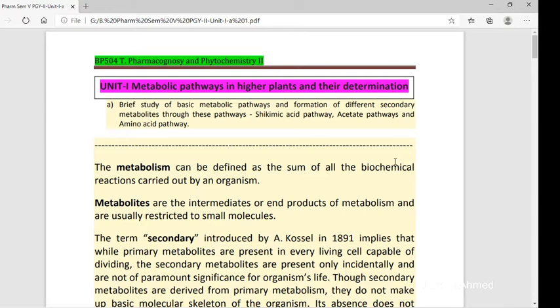In this process, various biochemical reactions are carried out, and for this, enzymes play an essential role. This information is about the basic metabolism which happens in our body.